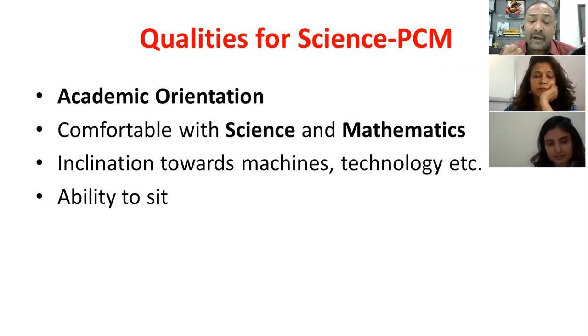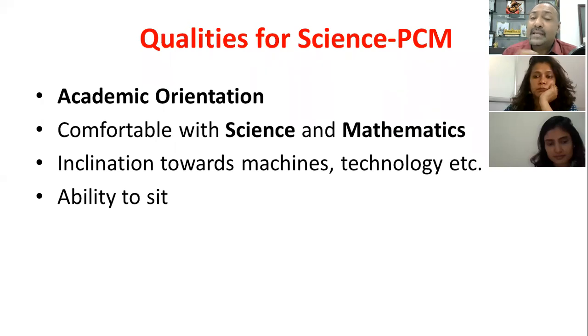And when I say comfort, that means you should be very fine, or rather you should feel energetic in consuming knowledge about those subjects. Third, the child should have inclination towards latest machines, gadgets, technology happenings, things happening related to technology in the industry.